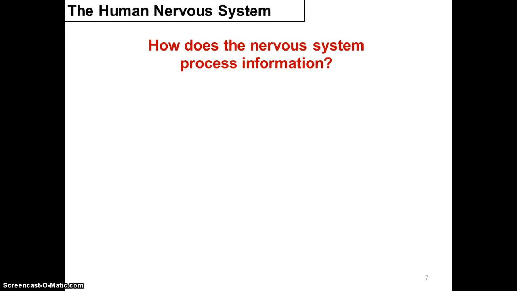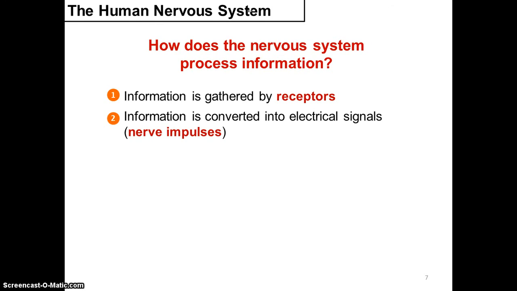How does the nervous system process information? First, the information must be gathered by the different types of receptors, after which it is converted into electrical signals, or what we call nerve impulses.